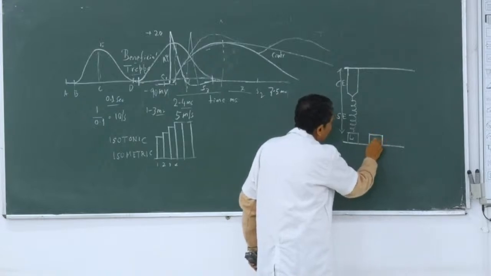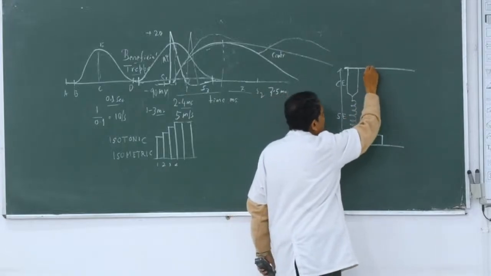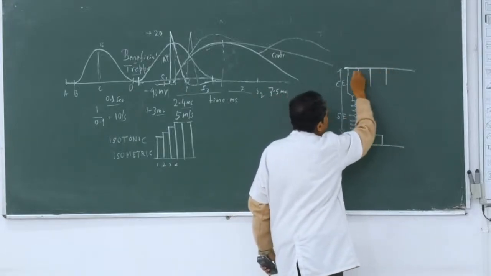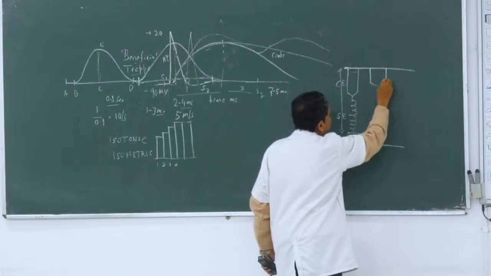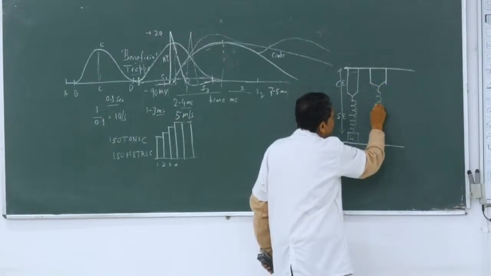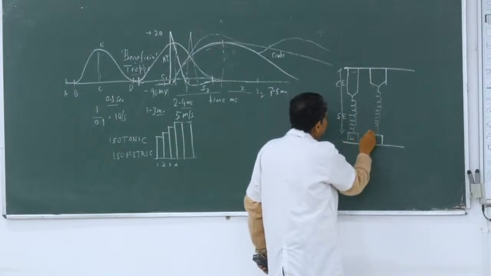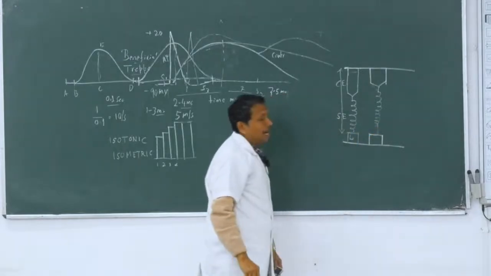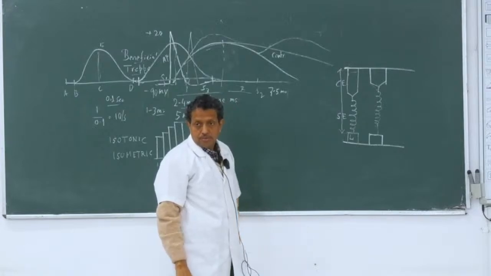or you consider the load has been increased to some extent, and in that case there is contraction of the muscle and stretching of this elastic element, but the length does not change. This is the isometric condition.